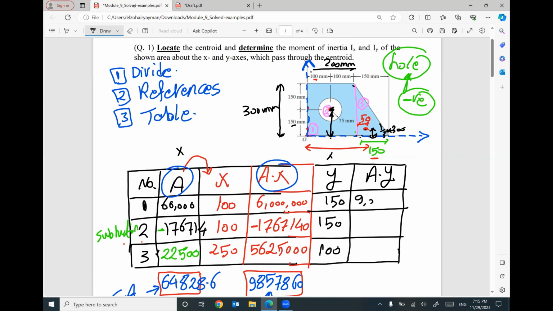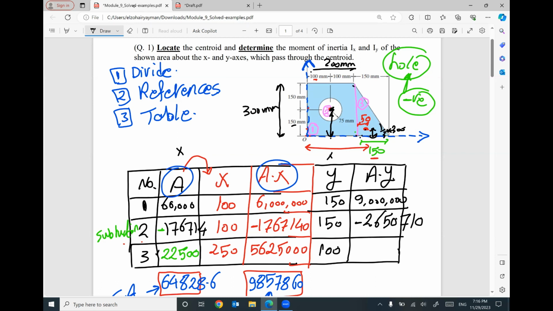And negative 17,671.4 times 150, I got negative 2,650,710.